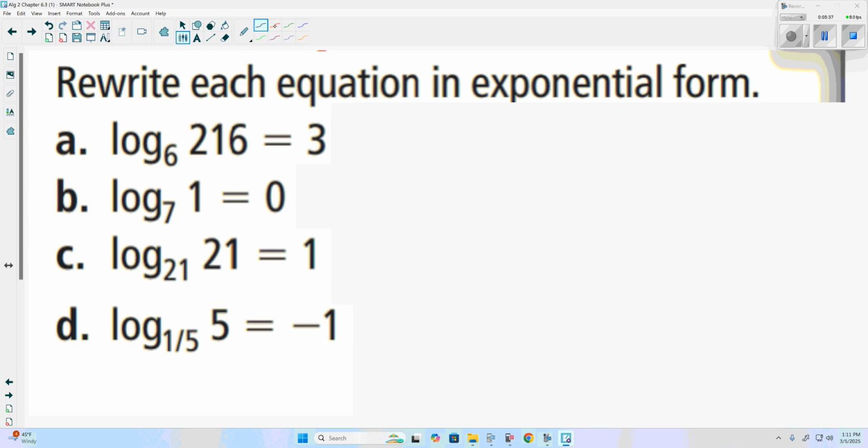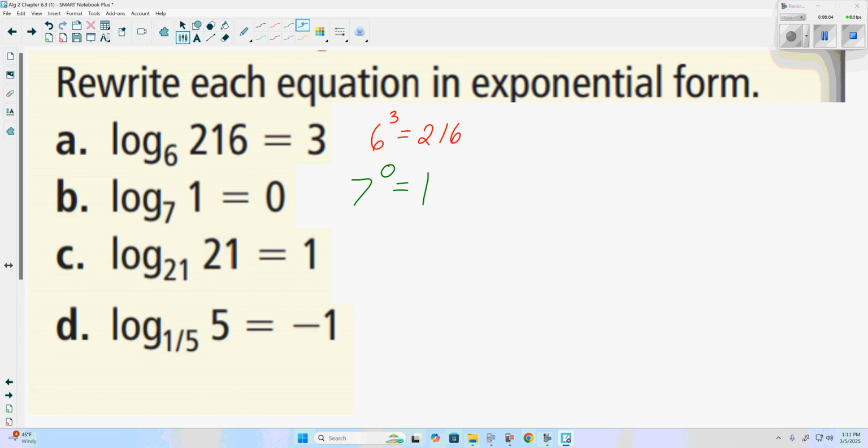Log base 6 of 216 equals 3. So 6 to the third is equal to 216. B, log base 7 of 1 equals 0 would be 7 to the 0 equals 1.